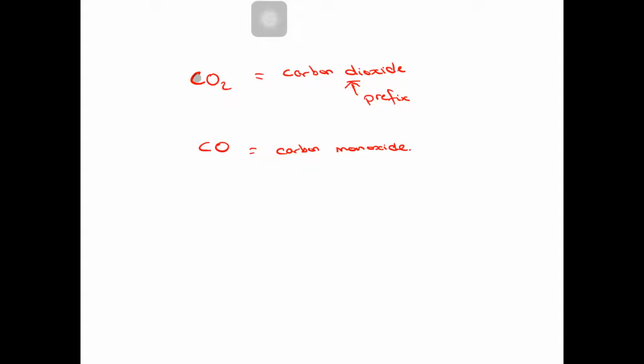So how can we name these things so that we know when we're talking about carbon dioxide and when we're talking about carbon monoxide? Well, you've guessed it, that's where we use the prefix. So here's the prefix for 2, di, and then right here, mono, there's the prefix for 1. If we know our prefixes, we know that carbon dioxide means there's 2 oxygens present, and carbon monoxide, mono means 1, so there's 1 oxygen present.